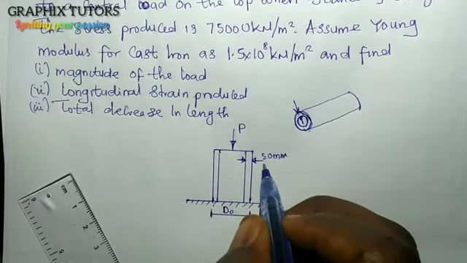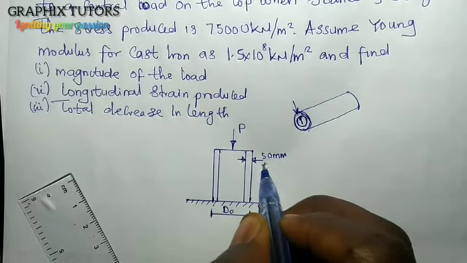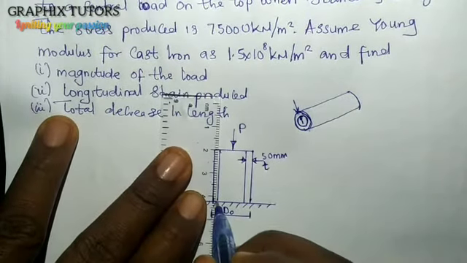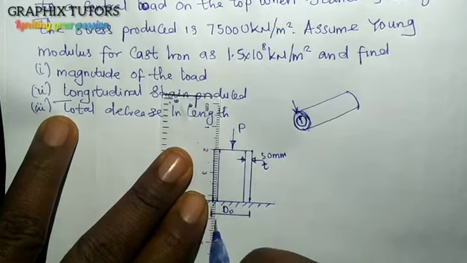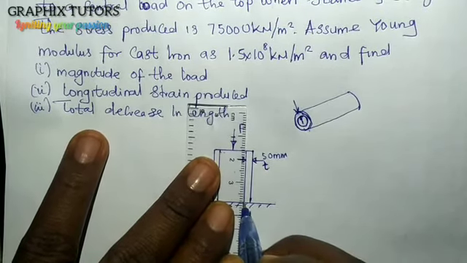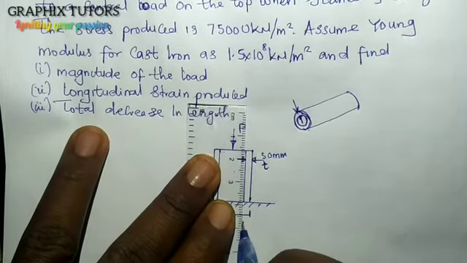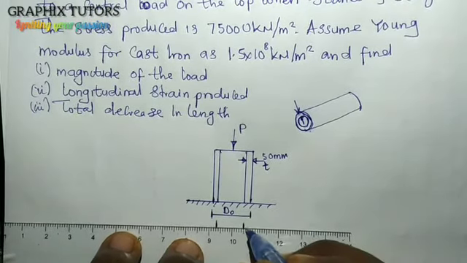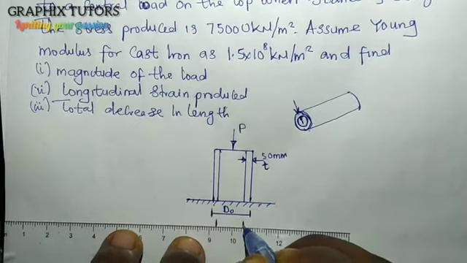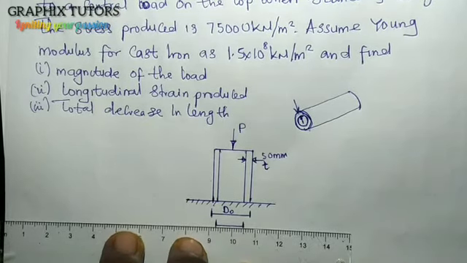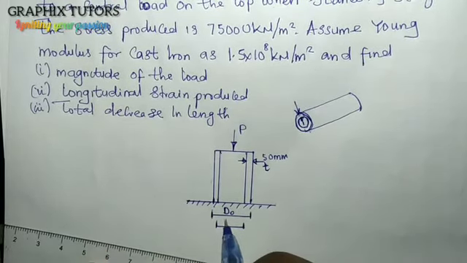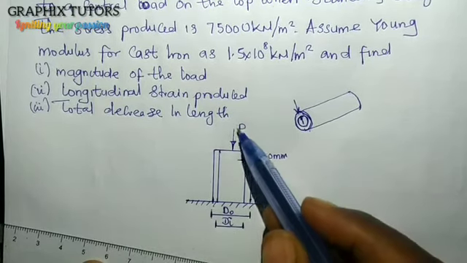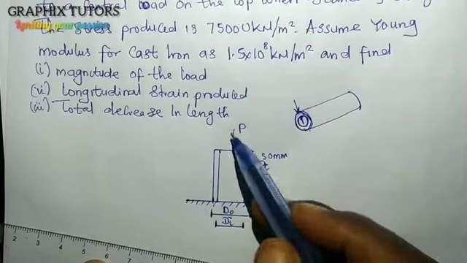This one here is called thickness T. Now, from this point to this point is called our inside diameter, our DI, the internal diameter, right? So there's a force pushing it down, and that force produces stress.